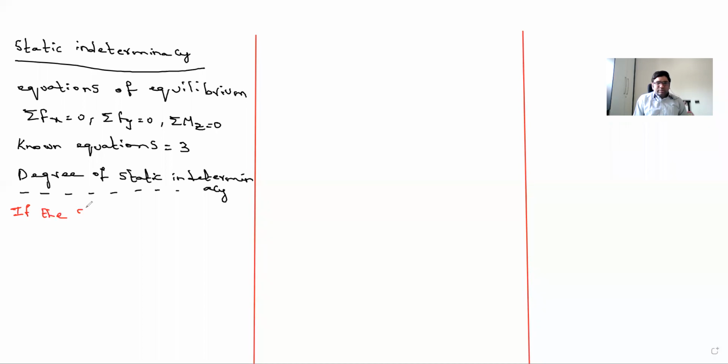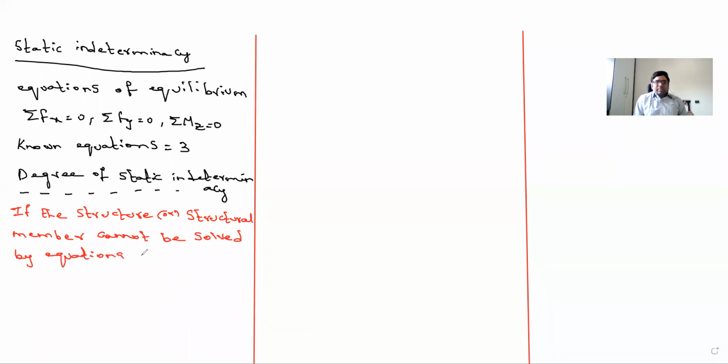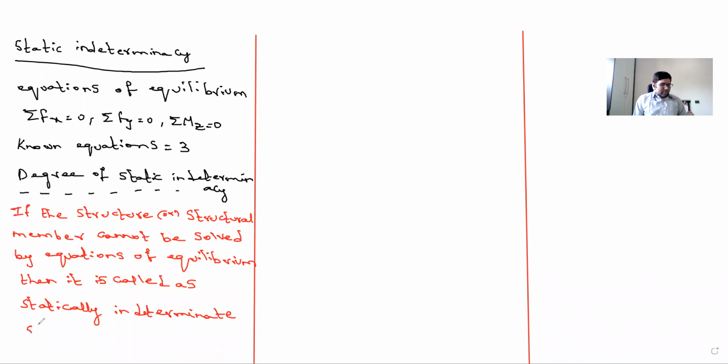If the structure or structural member cannot be solved by equations of equilibrium, then it is called a statically indeterminate structure.